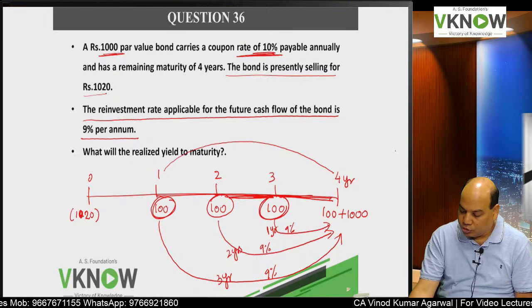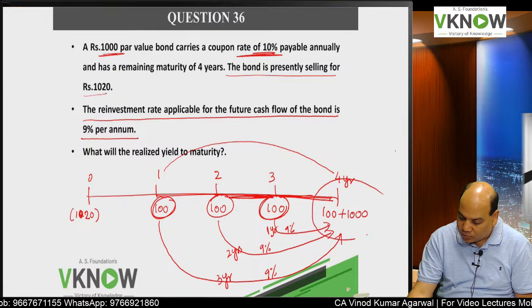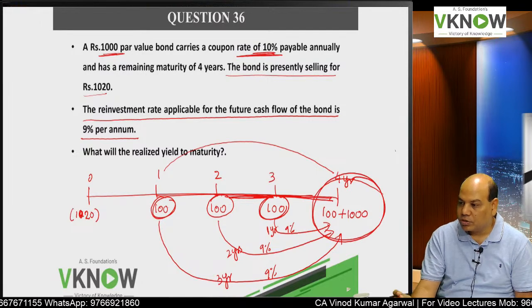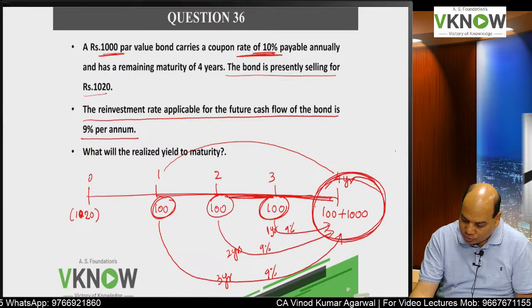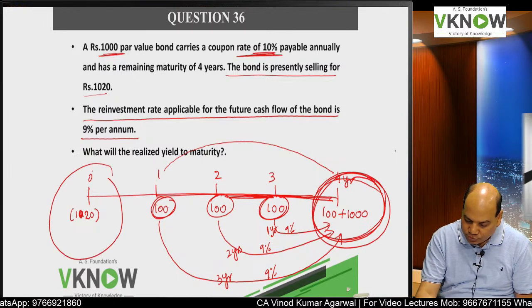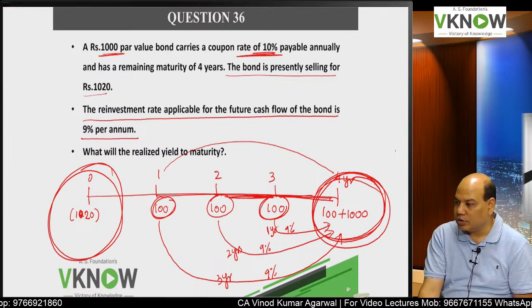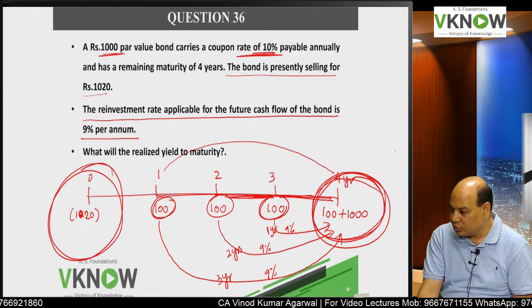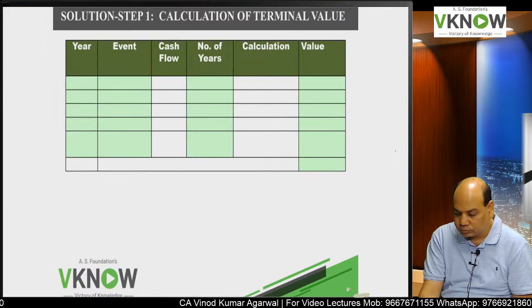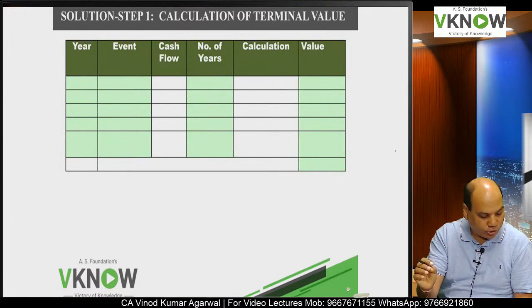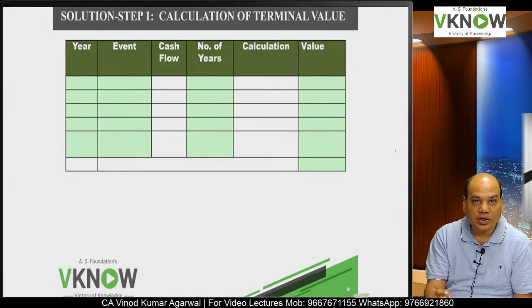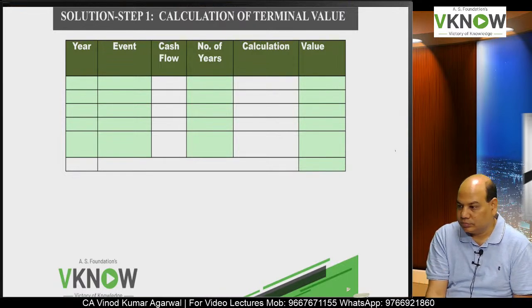And that way you will first find the terminal value at the end of year 4 and find out the discount rate at which present value of this terminal value will be equal to 1020. Right? Is it understandable? So let us find out first terminal value. How much amount you will get if all cash flows were reinvested at the rate 9%.